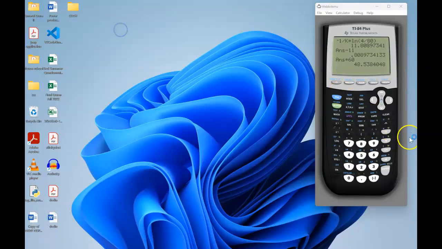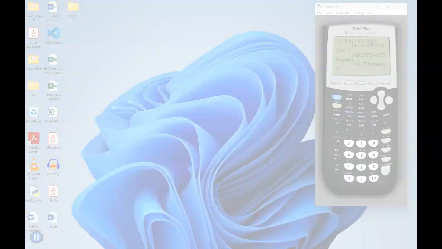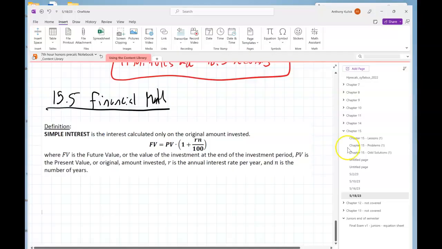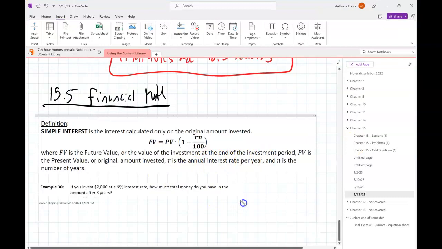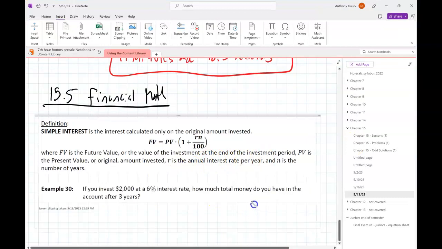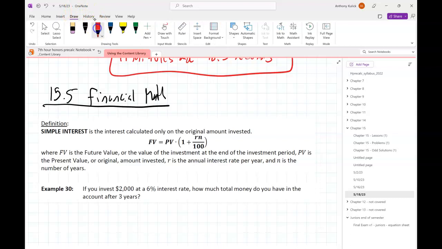So looking at that real quick here. Here's an example. It says if you invest $2,000 at 6%, and it should probably say simple interest rate, how much total money do you have in the account after 3 years?